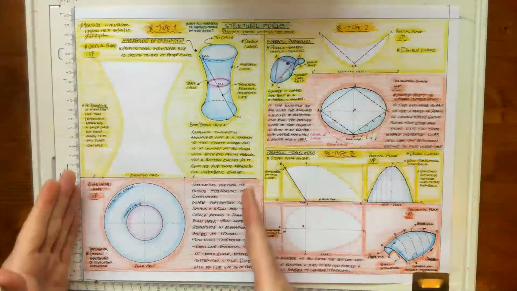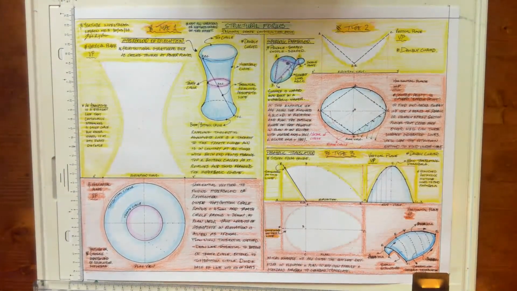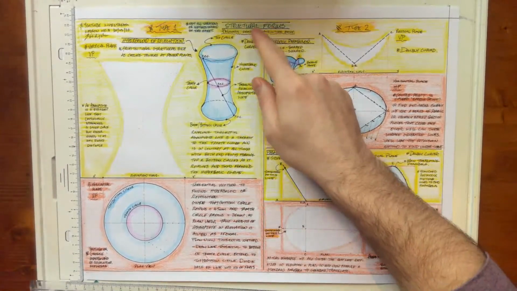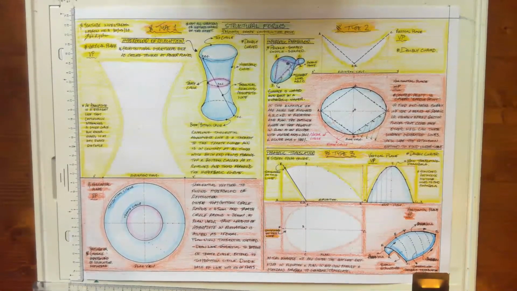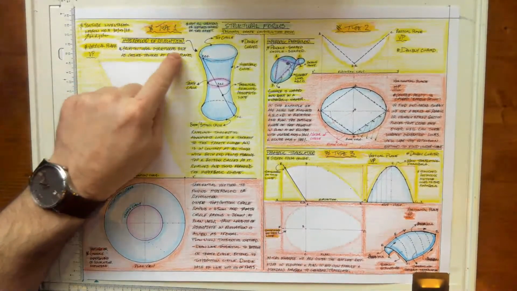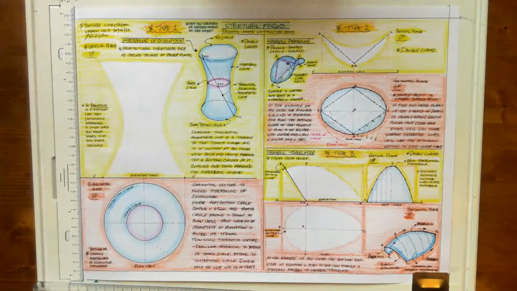So I'm going to take you here into the hyperboloid of revolution, okay? As we look at the sketch first, you'll see this type of shape. Typically you see that type of shape in architectural structures such as cooling towers at power plants.